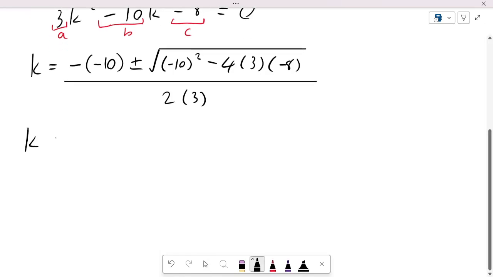So we have k is equal to, I'm just going to keep simplifying here. We have positive 10, remember, because the negatives multiply each other, plus minus the root of negative 10 squared, which is just 100, minus 4 multiplied by 3, which is 12, and 12 multiplied by negative 8.